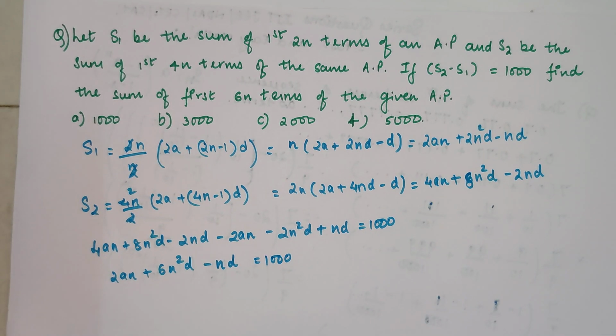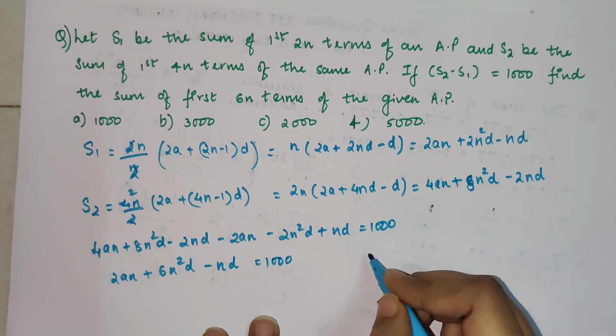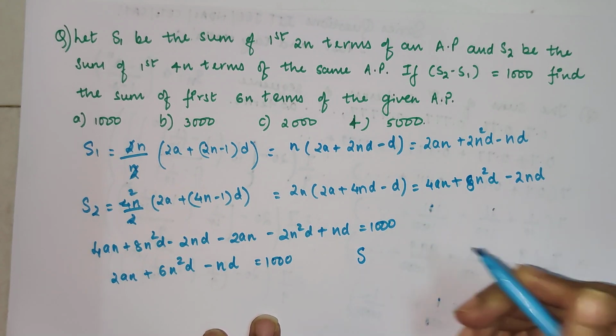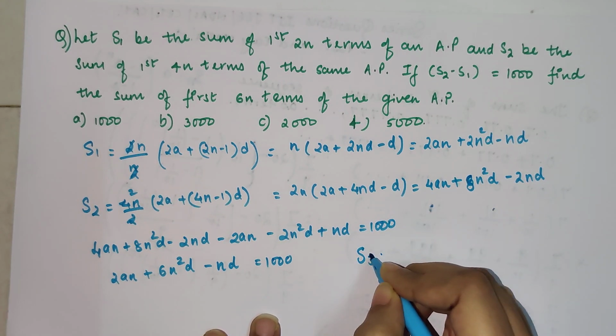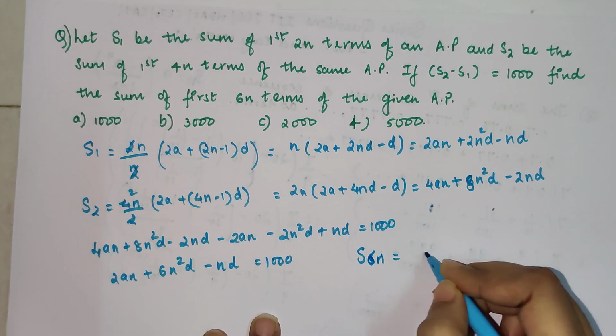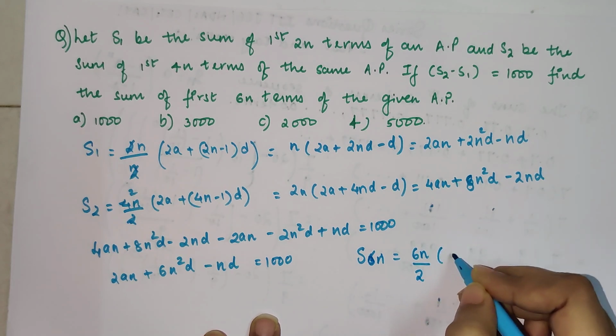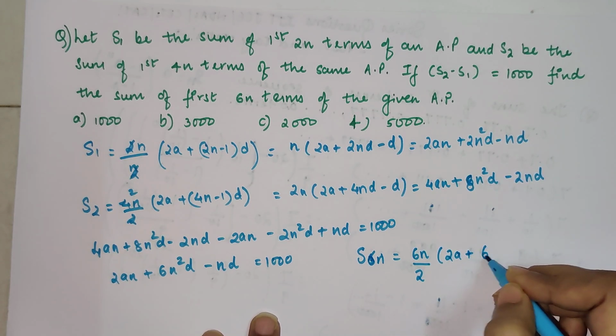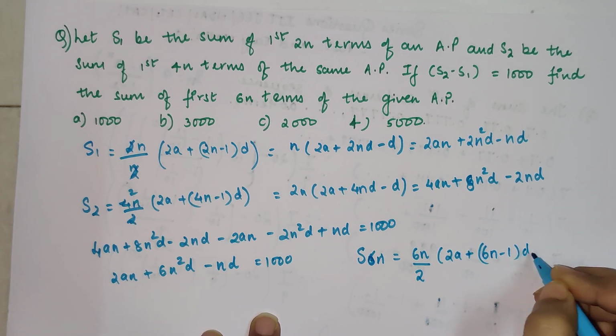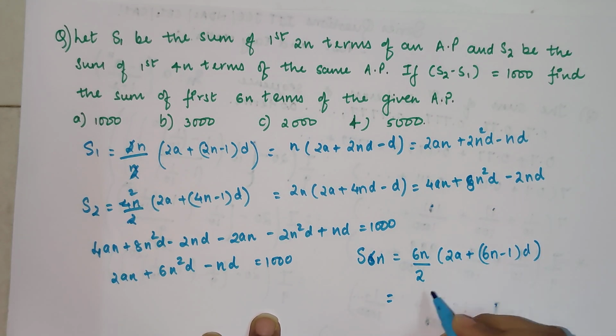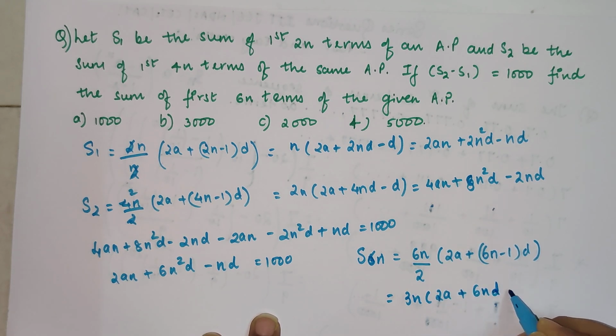Now you're getting stuck over here. But what have they asked you? They have asked you to find S of 6n terms. So we should have 6n/2 into (2a + (6n - 1) d). So this will become 3n into (2a + 6n d - d), right?